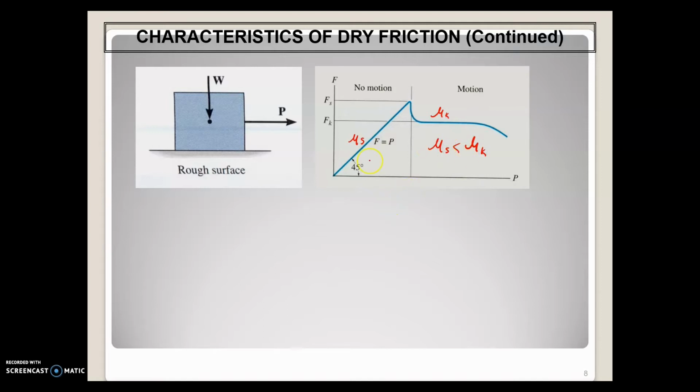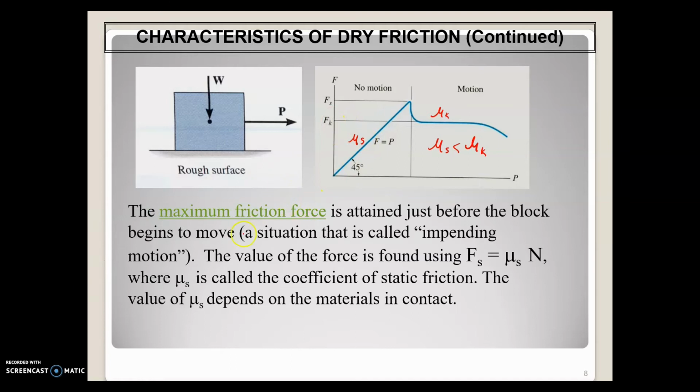The maximum friction force is attained just before the block begins to move. Maknanya kat sini maximum friction force is a situation that is called impending motion. This situation we call impending motion.